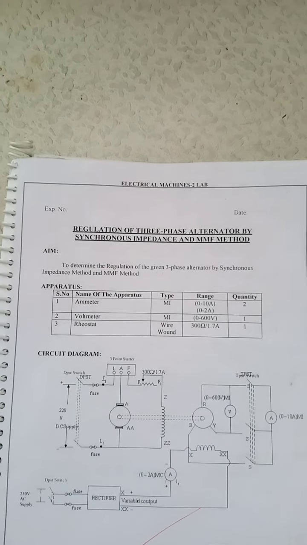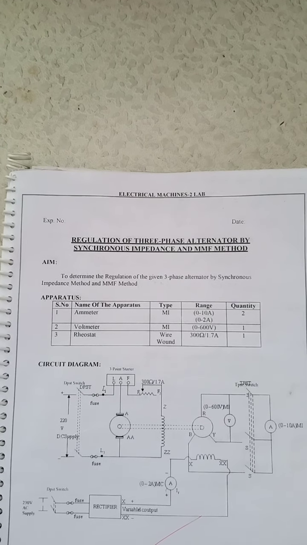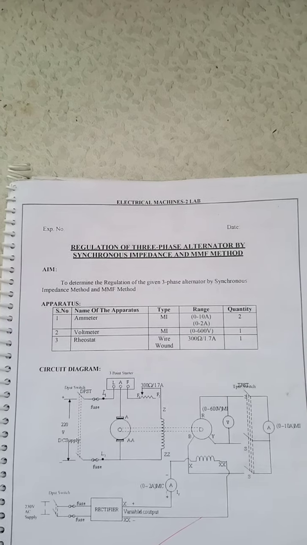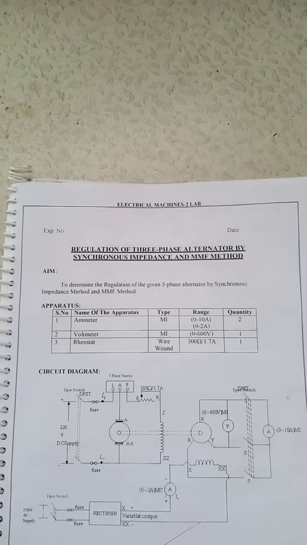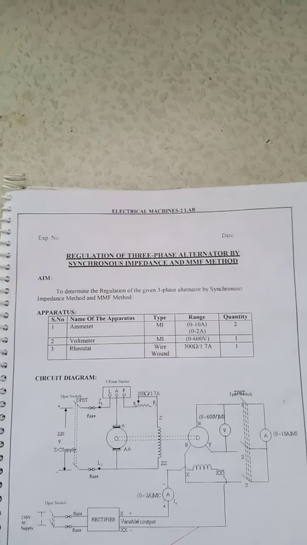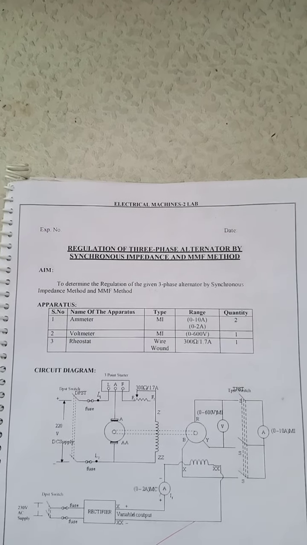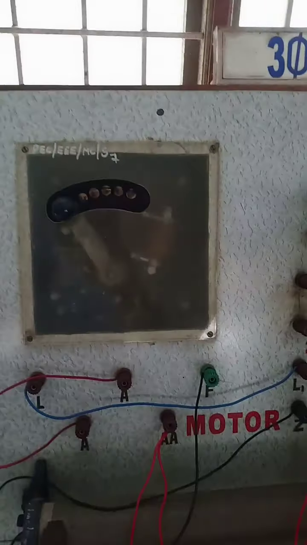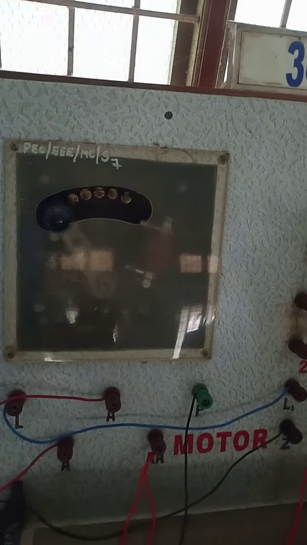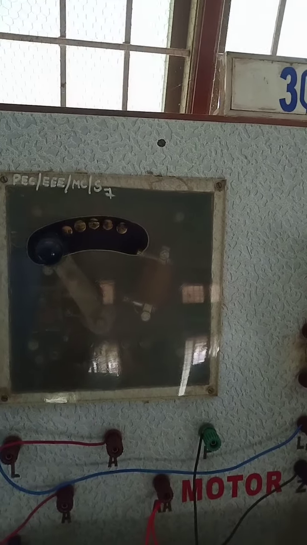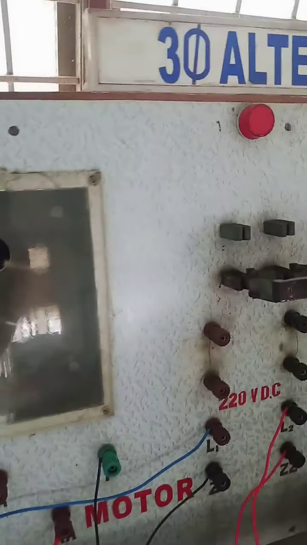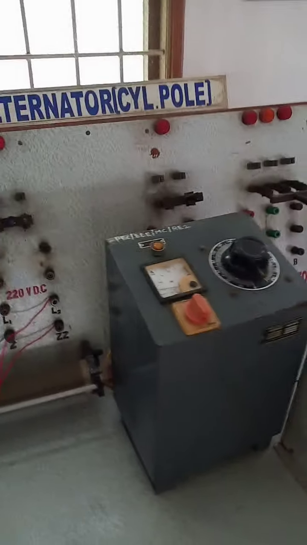Here the circuit consists of the motor circuit, the alternator circuit and the rectifier circuit. This center is the motor circuit, and this is the alternator terminals, and this is the rectifier.